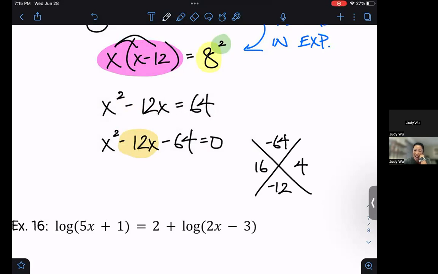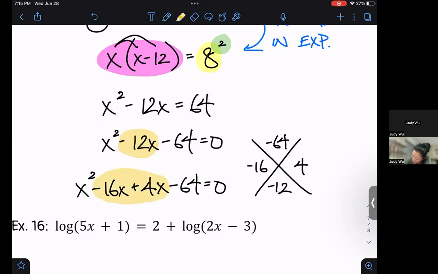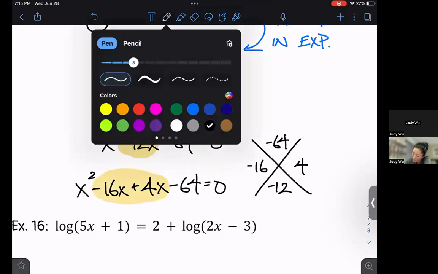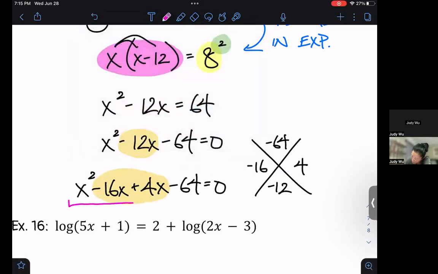But how do I make them add to make negative 12? Well, put a negative sign in front of that 16. Now I can write this as x squared minus 16x plus 4x minus 64 equals 0. Right? So I've cleverly expanded that middle term. And now I can clump the first 2, clump the second 2, look for those greatest common factors.